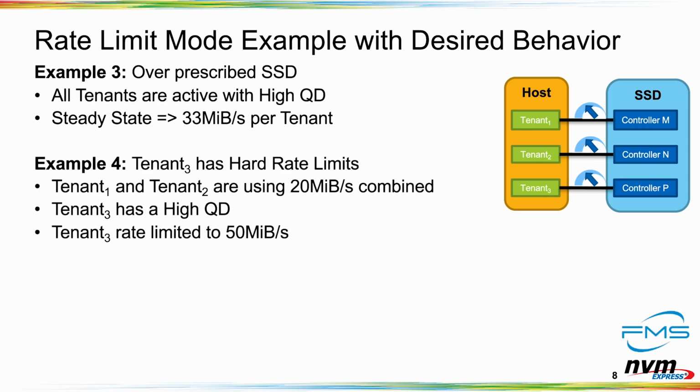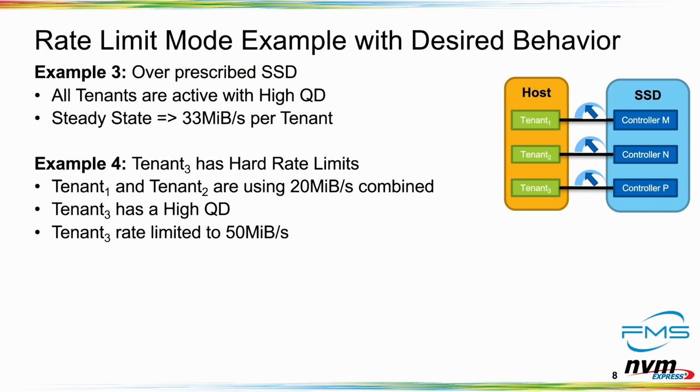And now to get into a little bit of descriptions for the hard and soft rate limits. So I have a related example here. Now we have tenant 3 with hard rate limits, and I'm changing tenant 1 and 2 to now use 20 megabytes per second. That's what they're actually sending as a continuous queue depth, requesting what kind of performance they're requesting out of that drive.